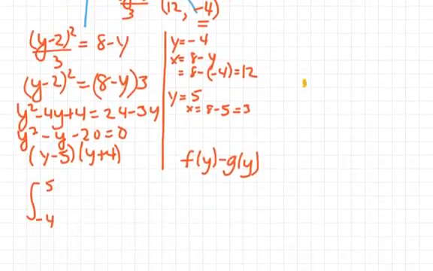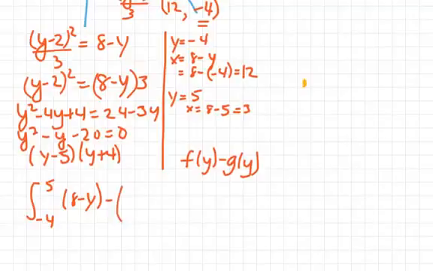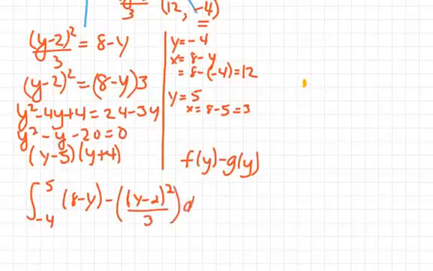So f of y is 8 minus y, and g of y is the parabola, which is (y minus 2) squared over 3 dy. So that's your integral set up.